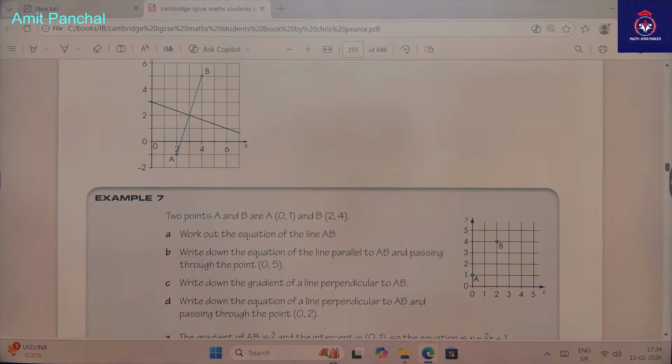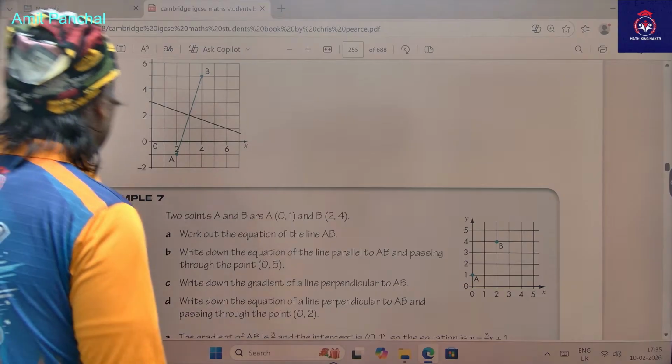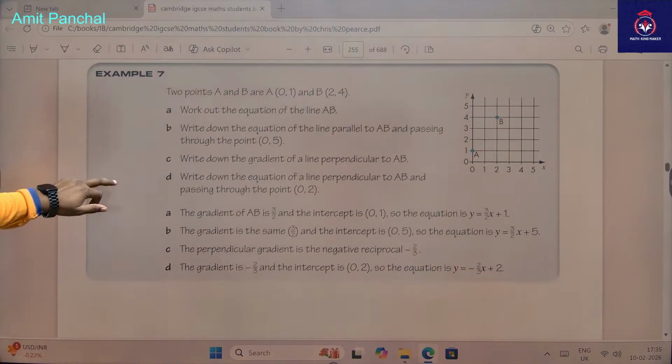Okay. Yes, I'm getting y equals minus 2 by 3x plus 2. Okay, very good. So just now check your answer.